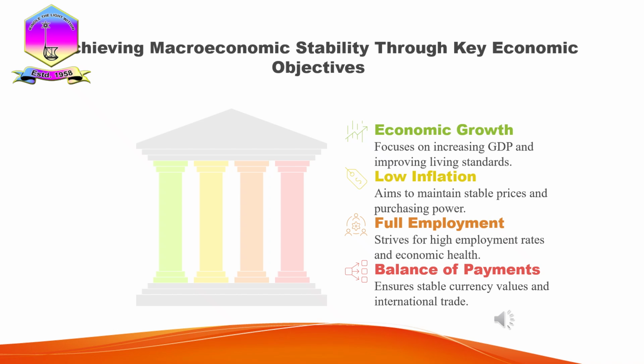Next one is low inflation. Low inflation means price stability. It is a situation where general price levels of goods and services remain relatively stable. It helps business and individuals to make long-term decisions, and it avoids the economic disruptions caused by high inflation. And next one, full employment.